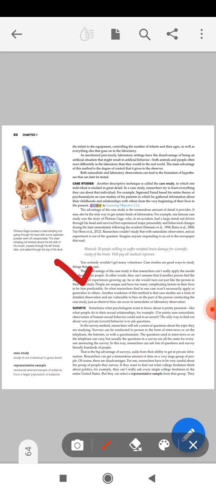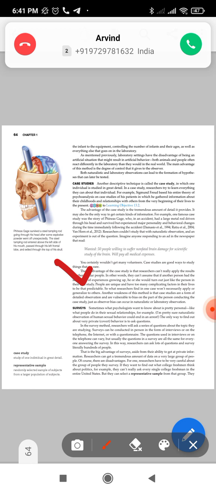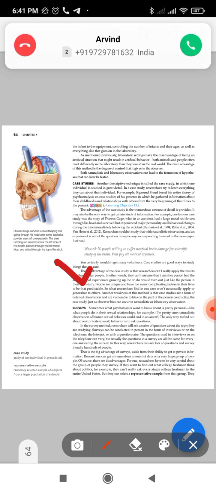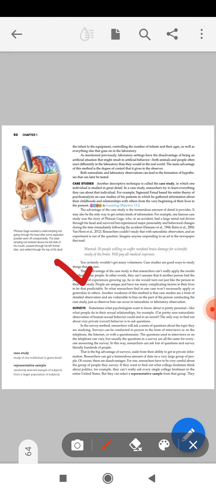So we cannot say that if a person has felt this in his life span, the same thing will be felt by another person, because everyone's life is unique and everyone is unique in many respects, and hence we cannot apply the findings of one case study onto others in the same manner, but still we can form some hypothesis.